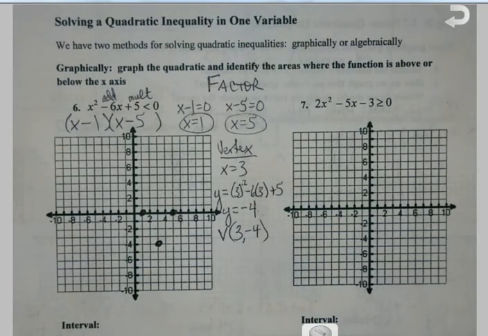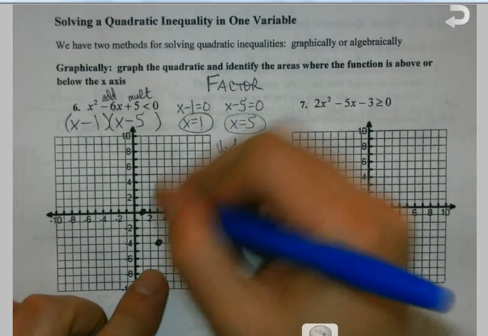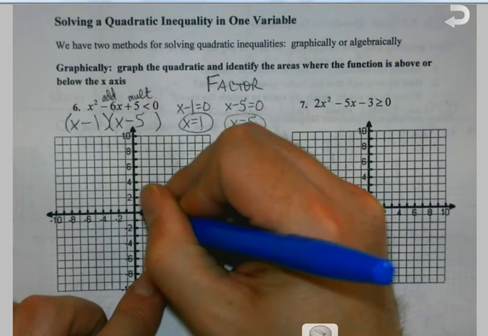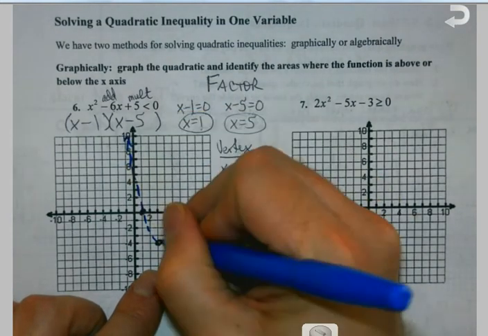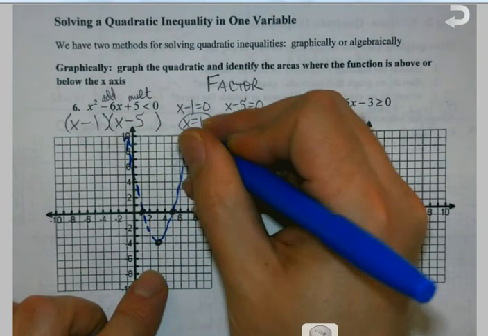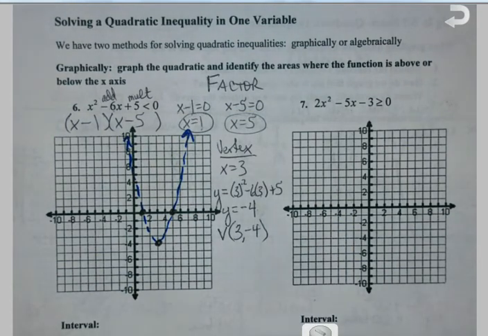So let's see. What type of line is going through there? Dotted. So we're dotted there. All right, we need us a test point.